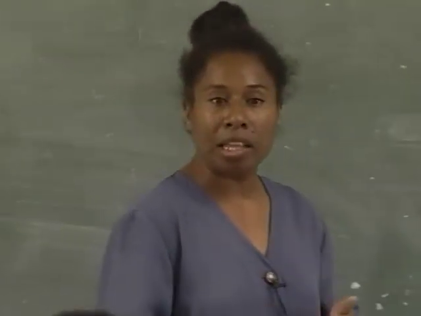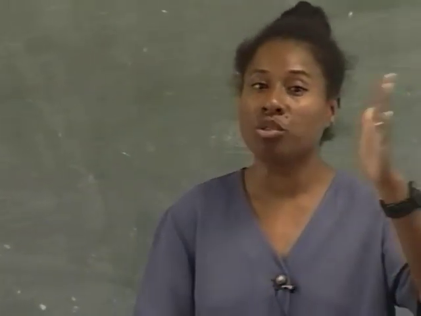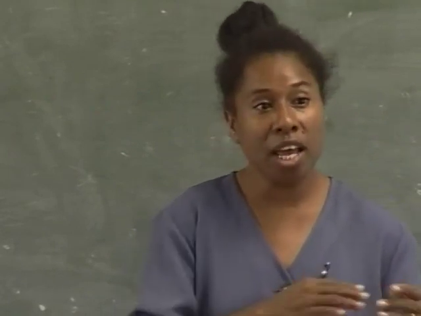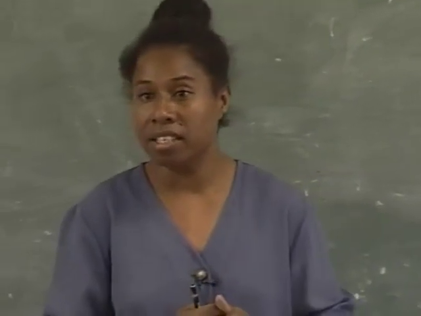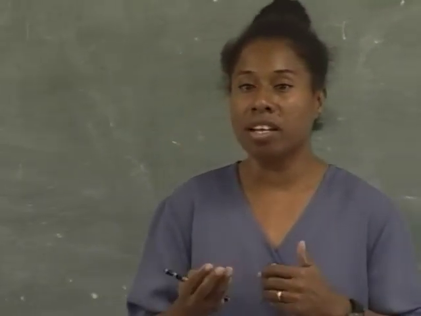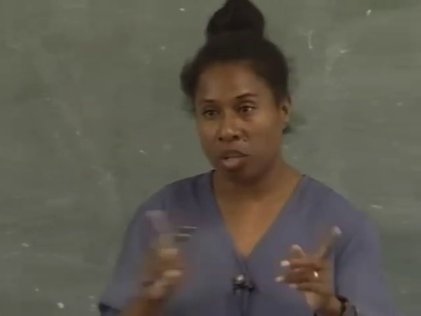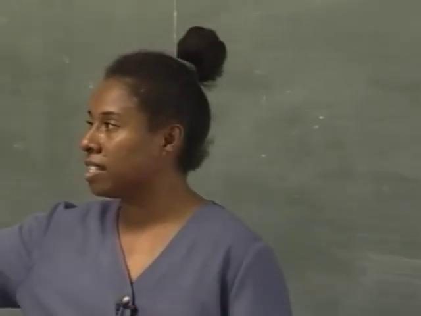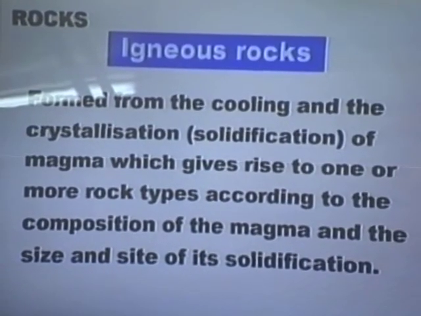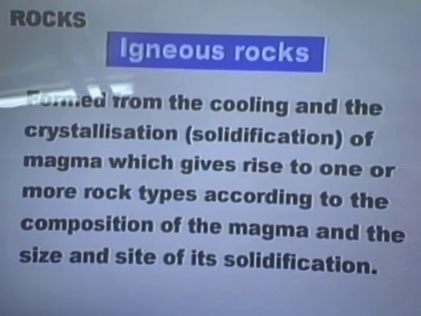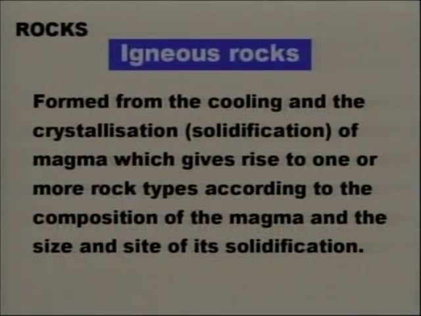For the extrusive features, it is magma coming out onto the surface, and when it solidifies, it also will form igneous rocks. So whether the solidifying of magma is under the surface or on the surface, it will still form igneous rocks. So the site could be one of the ways in which we can further subdivide the igneous rocks. Okay, we've made note of this information.